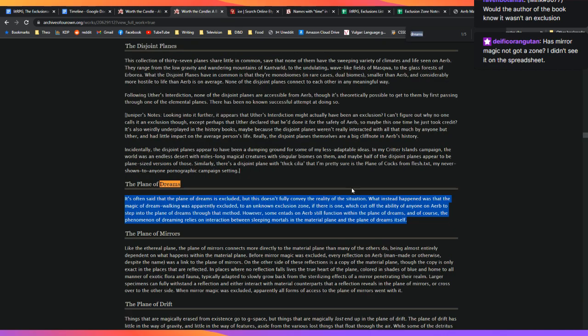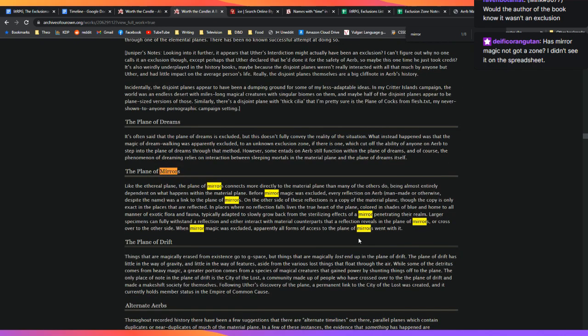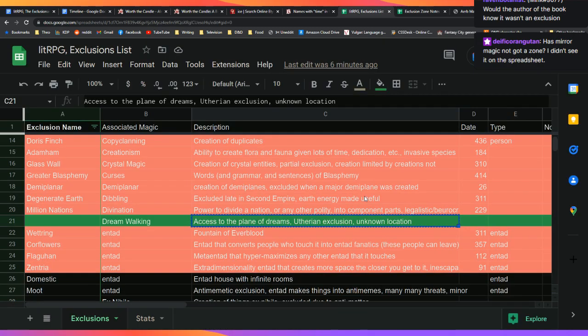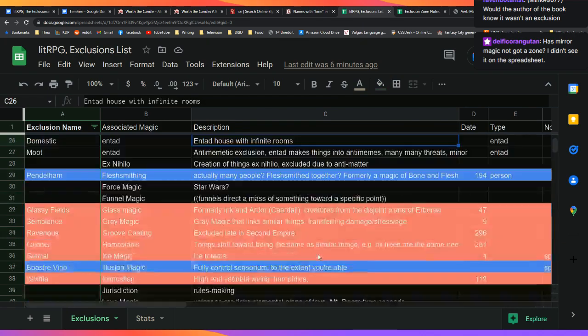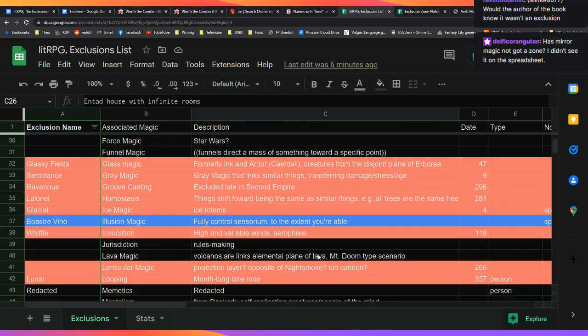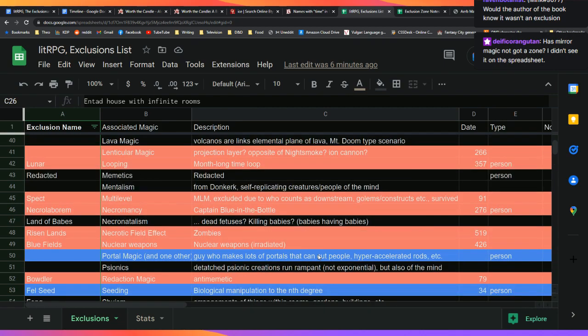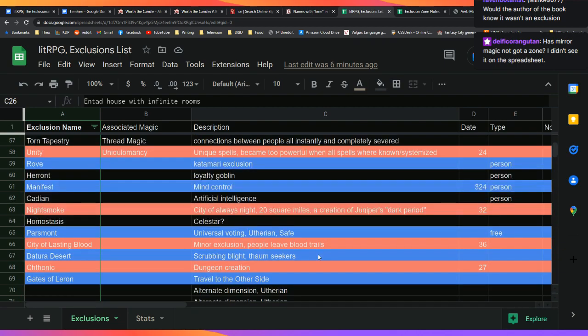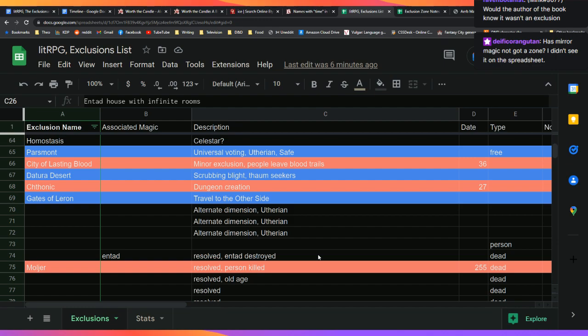I would if I were not streaming, and not at the end of the stream. Plane of Mirrors. The Plane of Mirrors... it does say before mirror magic was excluded. I might have to include mirror magic on here. Fudge. And it's not on this list. Why is it not on this list?